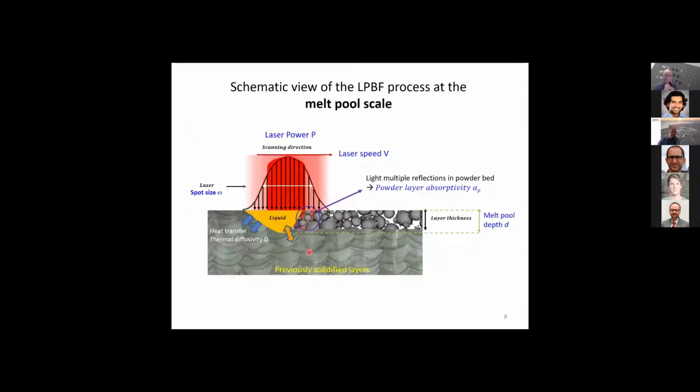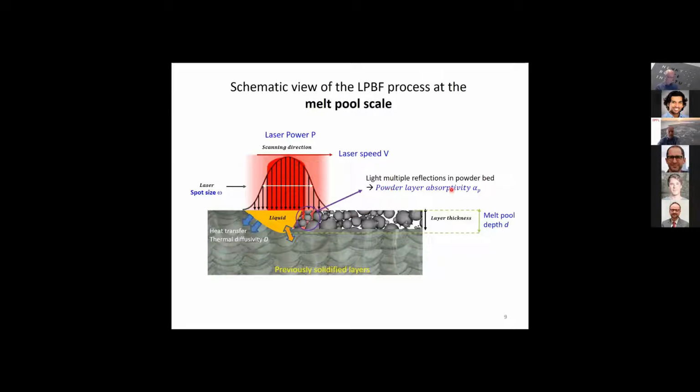So looking closer, we can define a little better what happens in terms of laser material interaction. You have typically a liquid zone here, a melt pool. And then when we talk about laser absorptivity, that's not the same if the laser comes here on the liquid, where you have surface absorptivity, or if a part of the laser beam also comes in the powder, because then you have multiple reflections and certain penetration depths of the laser in the powder bed.